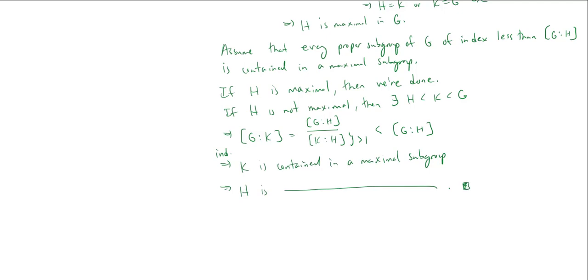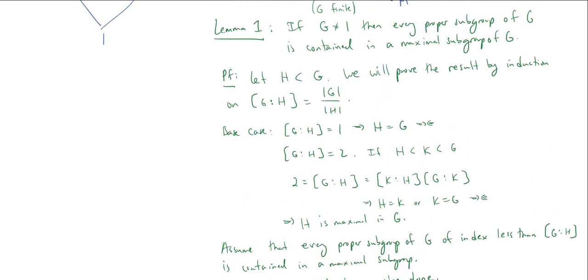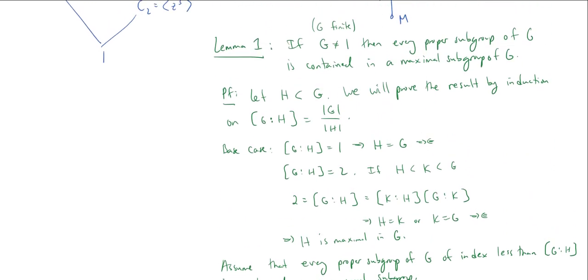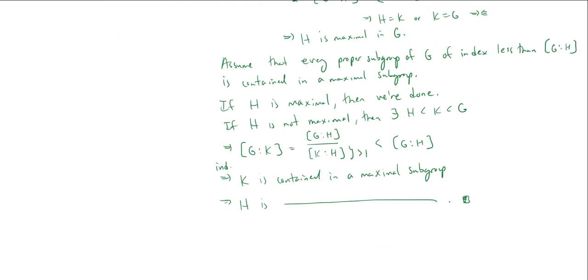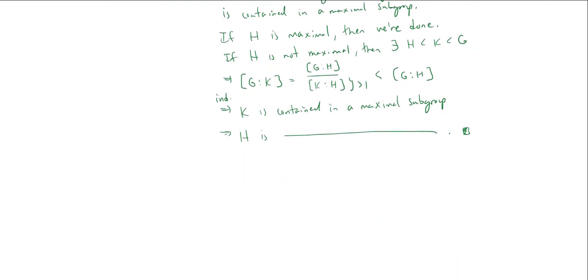All right, so this is wonderful. We have a finite group. It's not trivial. We take any proper subgroup and we just say, well, it's contained in some maximal subgroup. All right, that's going to be useful. Lemma 2. Lemma 2 is that, and this really is not even dependent on having a finite group.